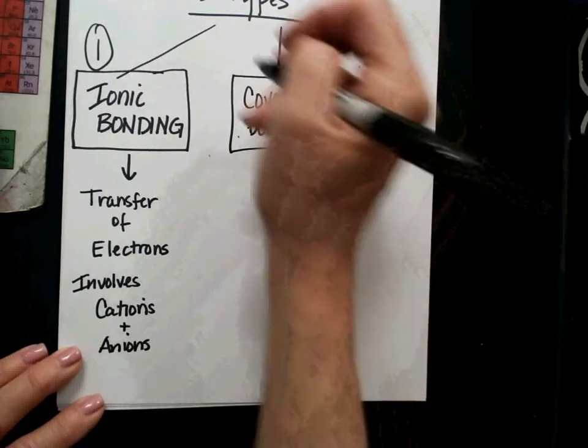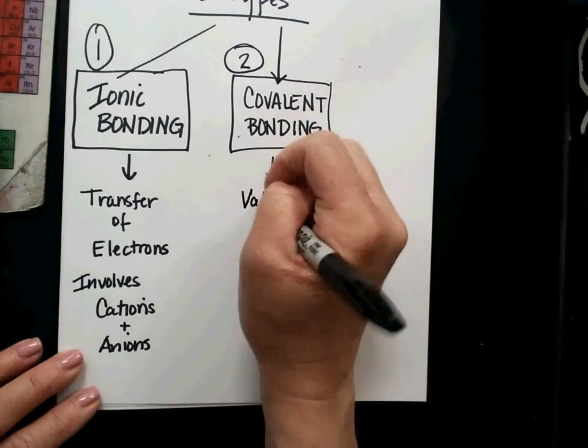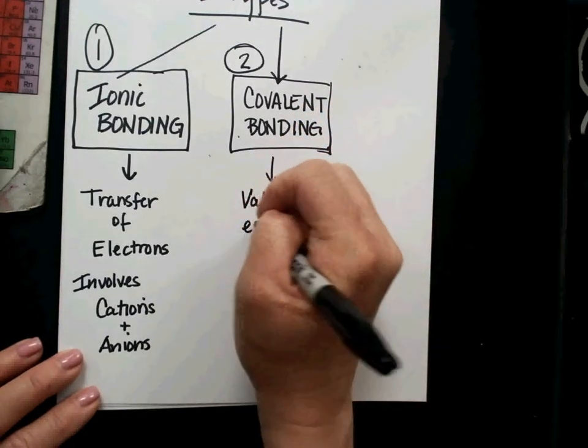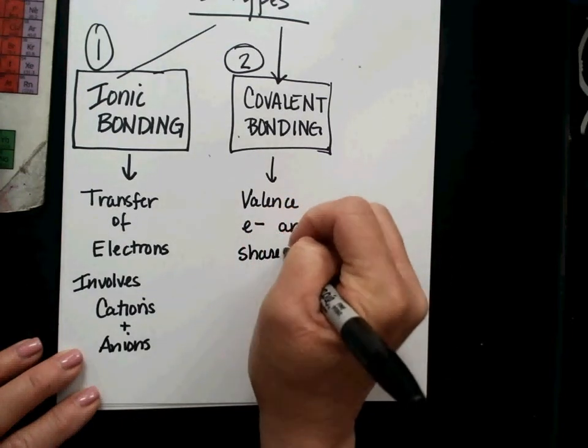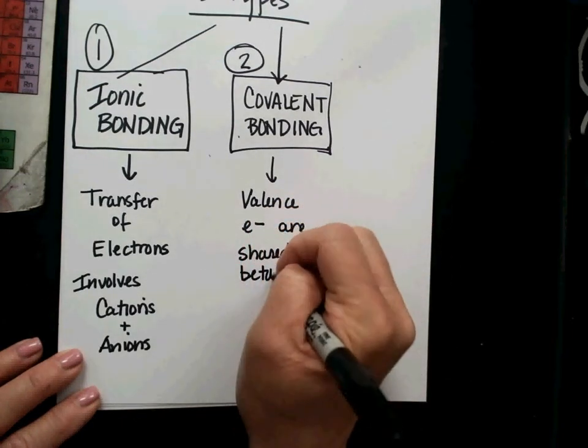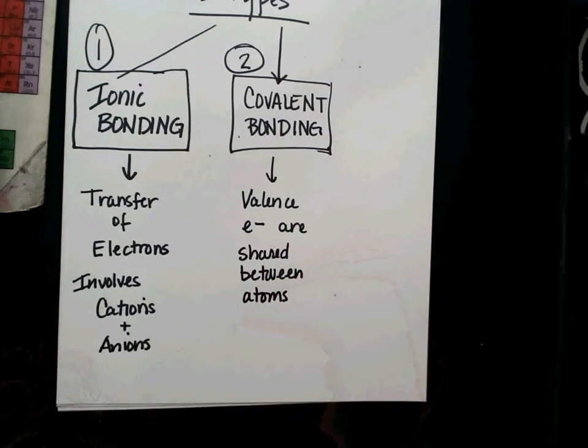We'll look at it second. This is where valence electrons are shared between atoms.